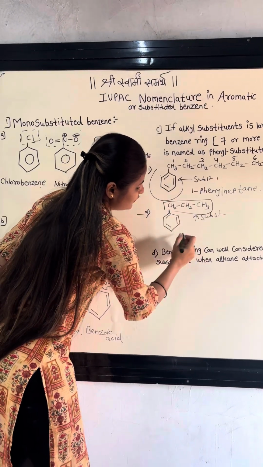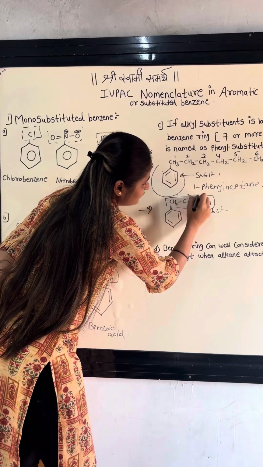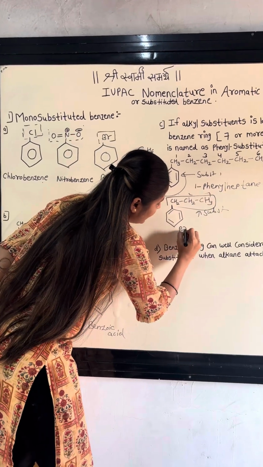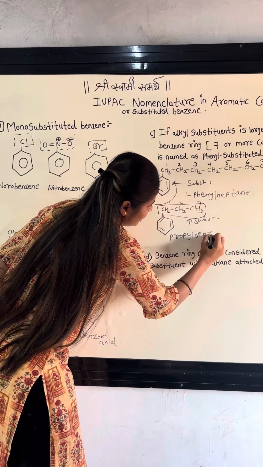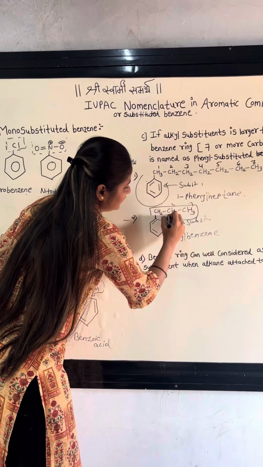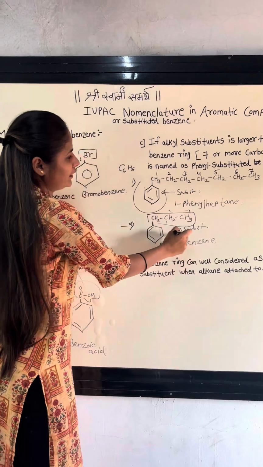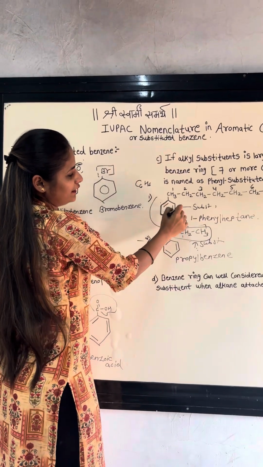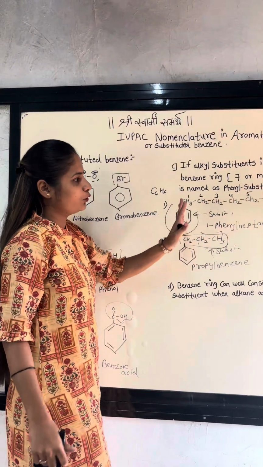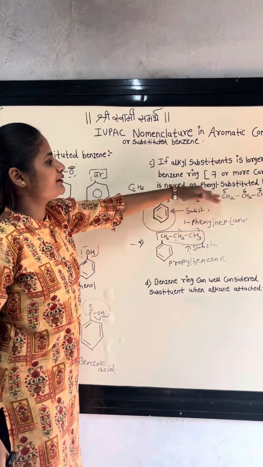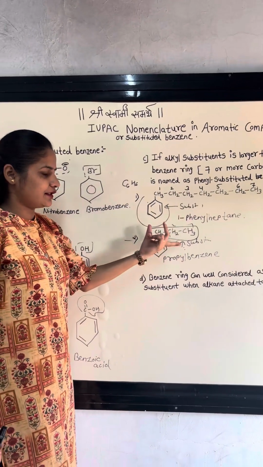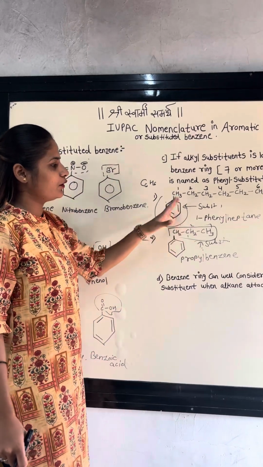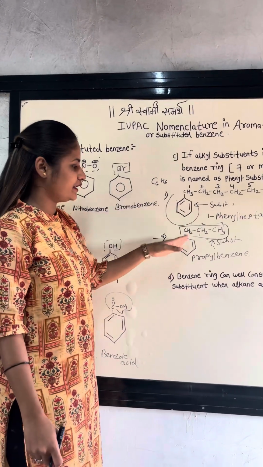So the name of this compound is propyl benzene. Okay, so this chain is considered as a substituent. Here the phenyl ring is considered as a substituent. Only you have to remember whether the chain is 7 carbon or more than 7 carbon, or less than that, right? So it depends upon the number of carbon atoms which are attached to the benzene ring.